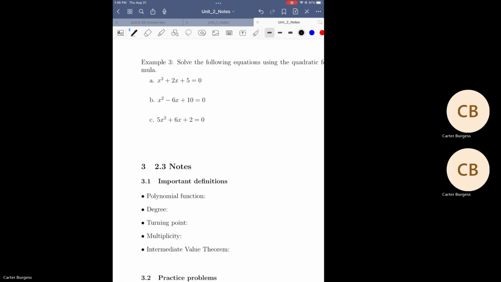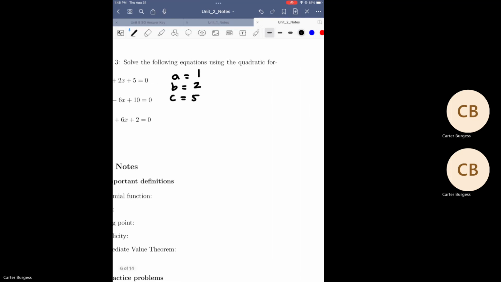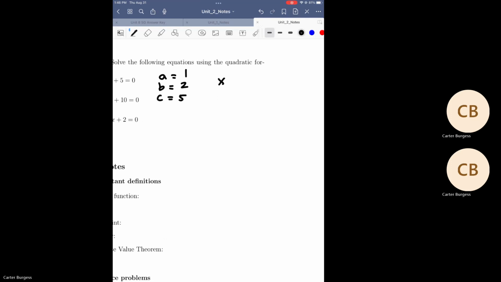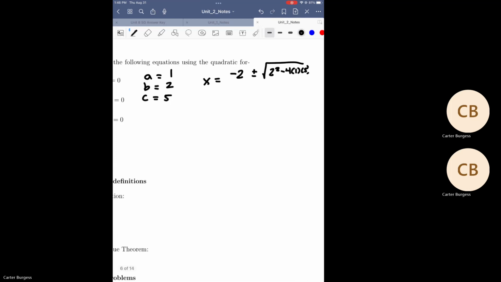So for instance, looking at 3a, what are our values of a, b, and c going to be equal to? 1, 2, and 5. And so plugging into our formula, we get that x is equal to negative b plus or minus the square root of b squared minus 4 times a times c, all divided by 2a.